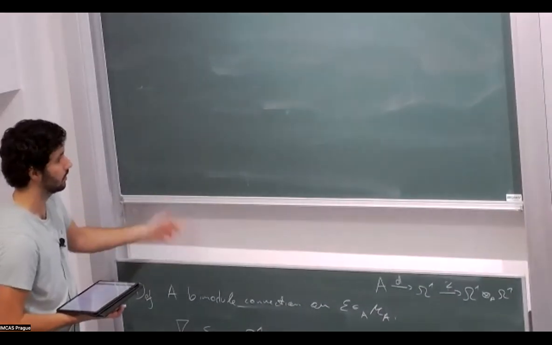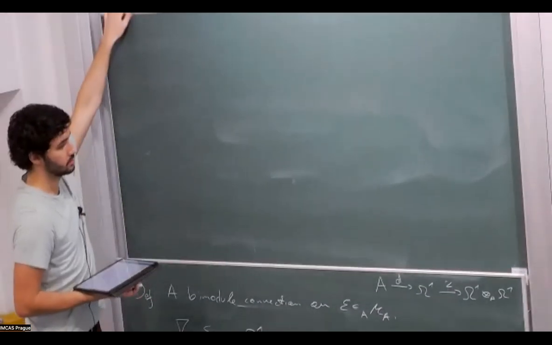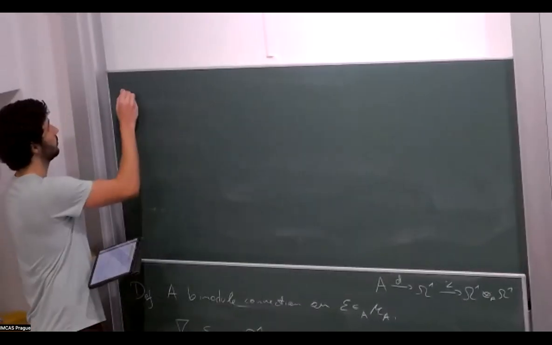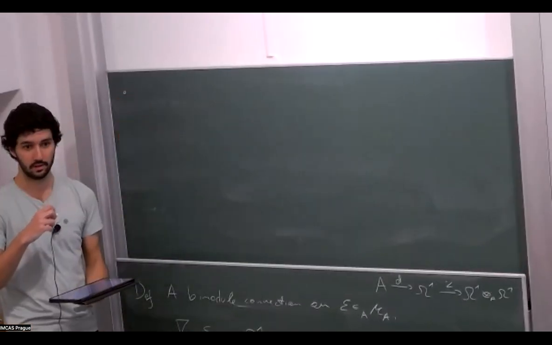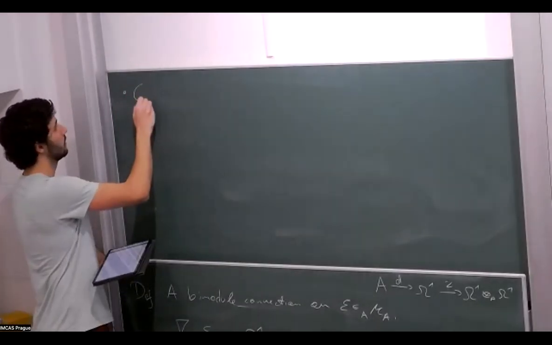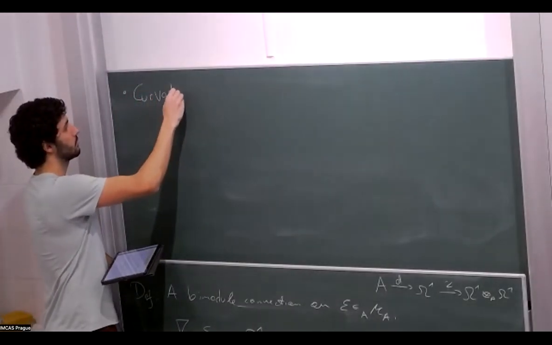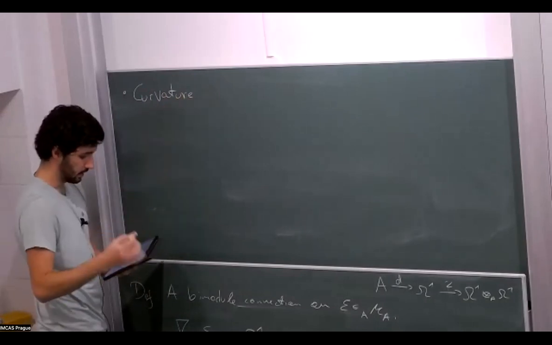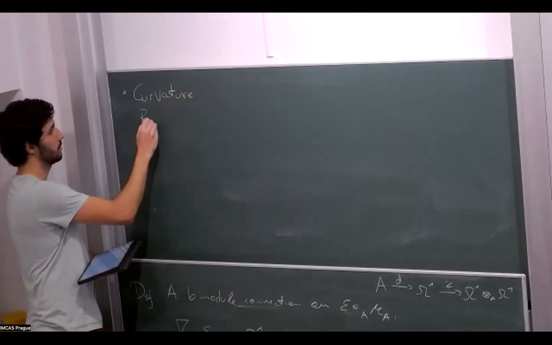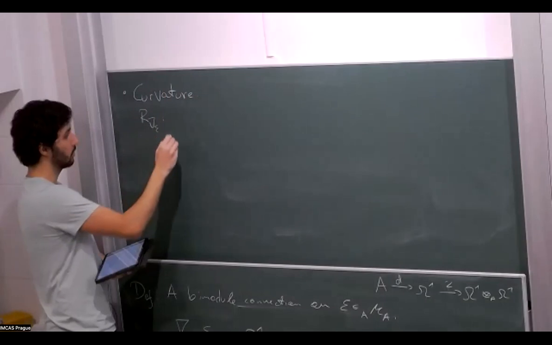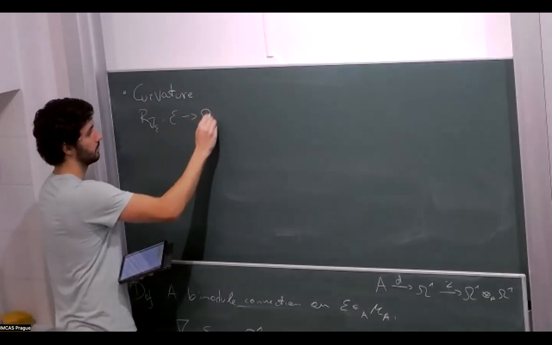Okay, now I just want to go quickly over some properties of connection. So one that we'll need is that we can define the notion of curvature. So the curvature of a connection we can build as a map that goes from the module to omega 2.